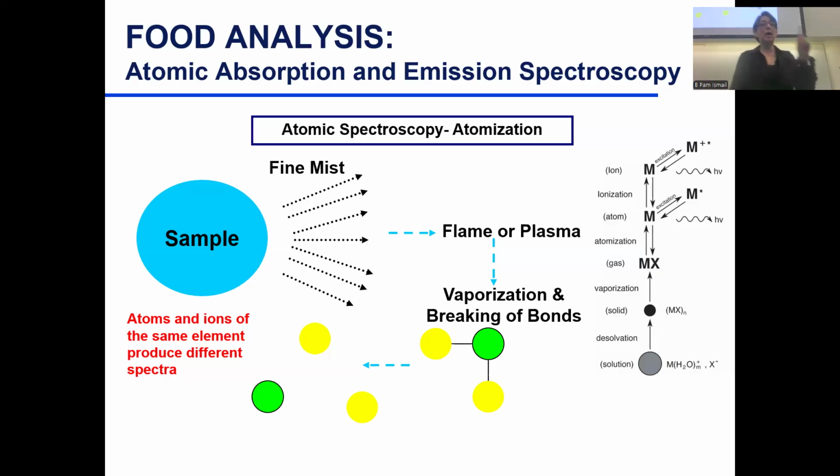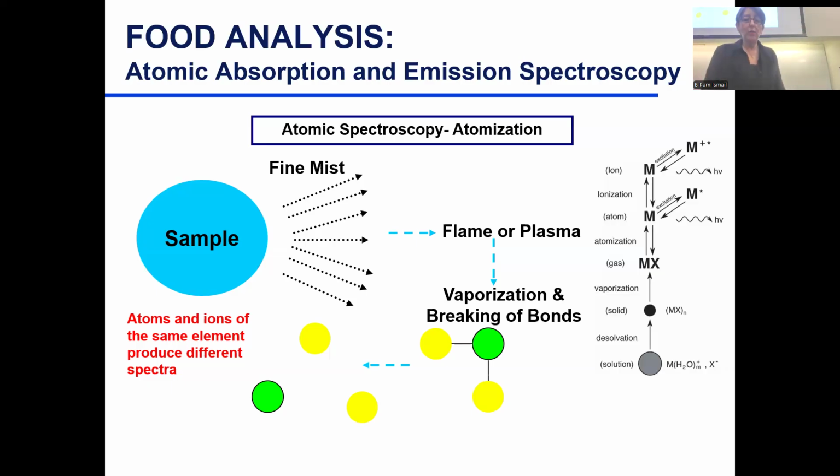If your atoms ionize and you're measuring at lambda max of a neutral atom, you will get underestimation because your ions absorb at a different wavelength. Okay, so that's why it's very important to adjust the flame.